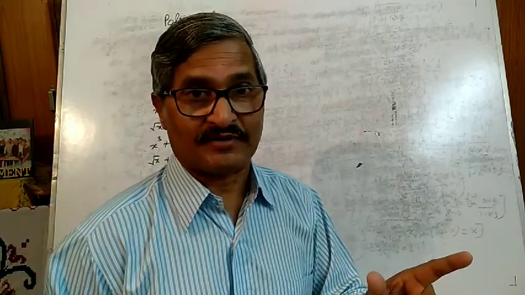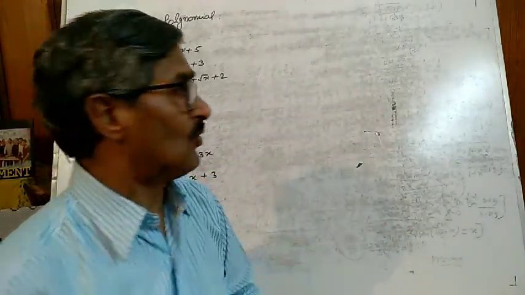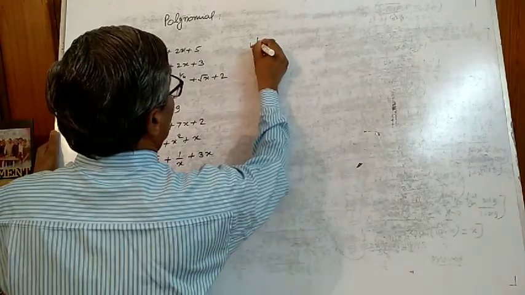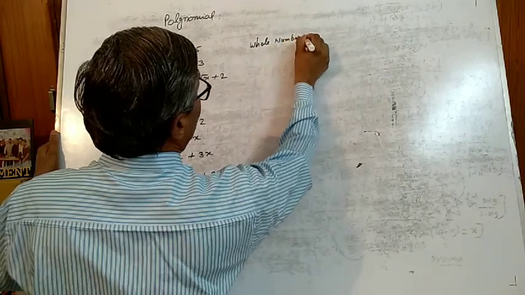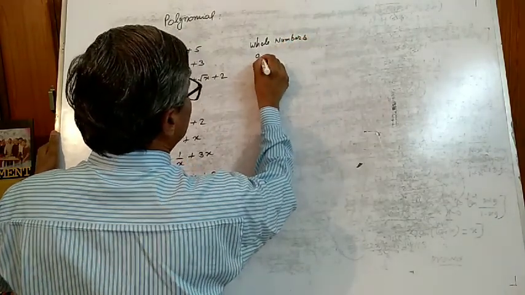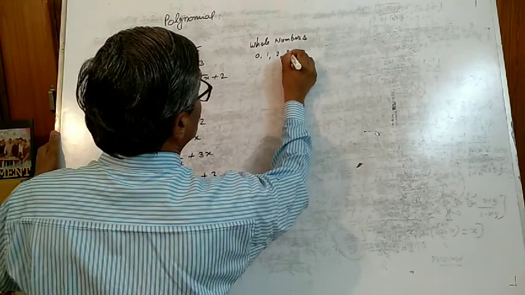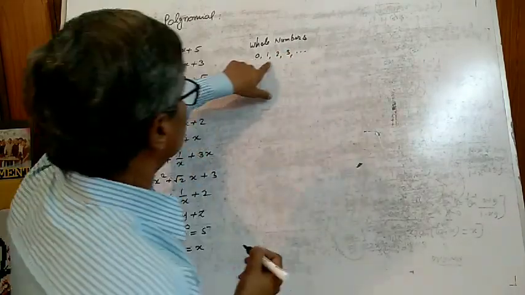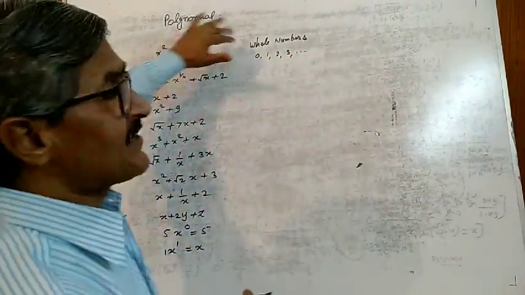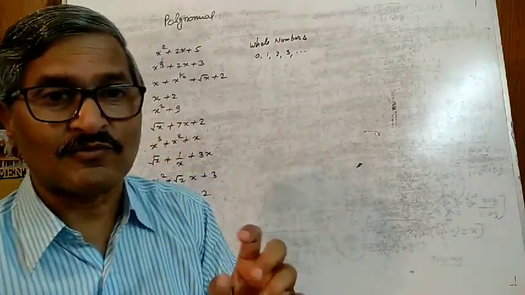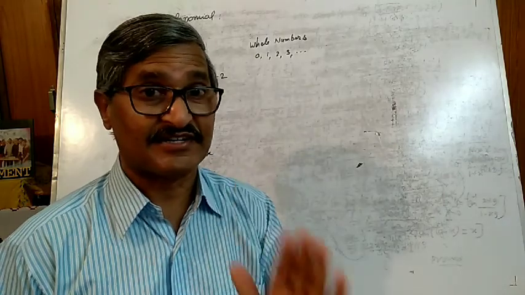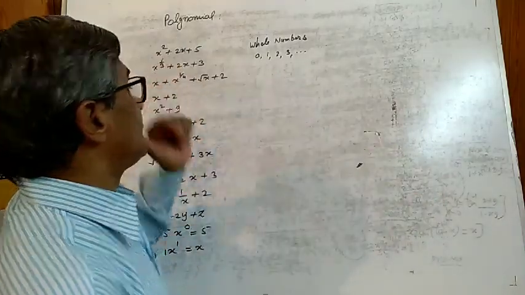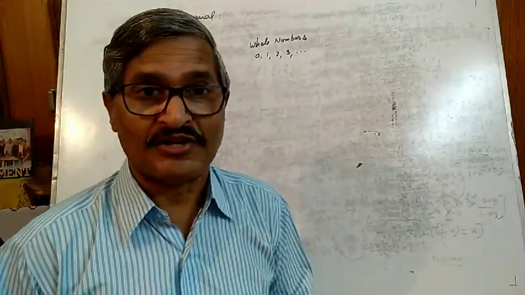Only whole number. Whole numbers you know. What are the whole numbers? Whole numbers starting from 0, 1, 2, 3 like this. So exponent of the variable involved in the algebraic expression should be a whole number for every term. Then that type of algebraic expression is a polynomial.